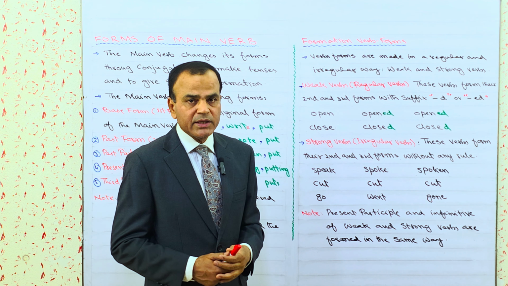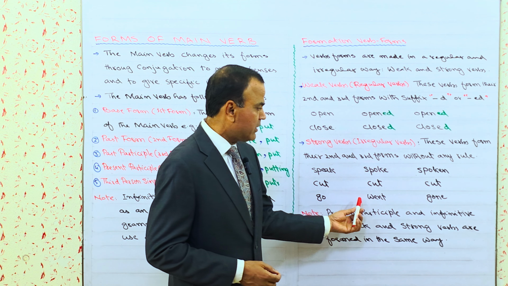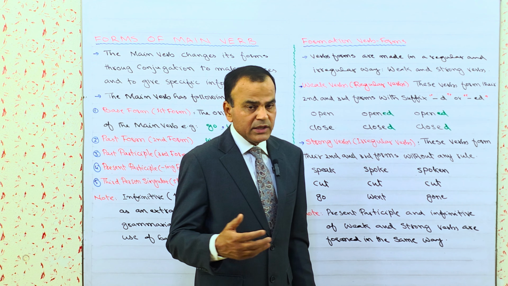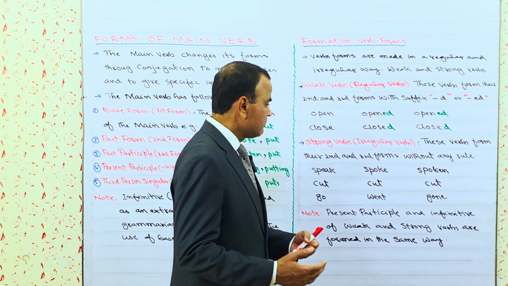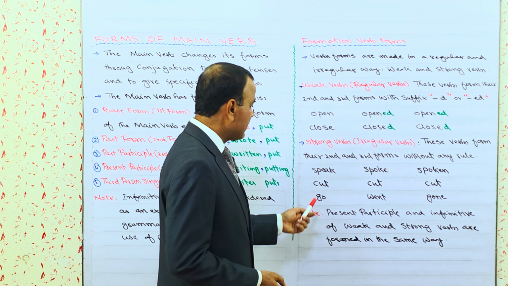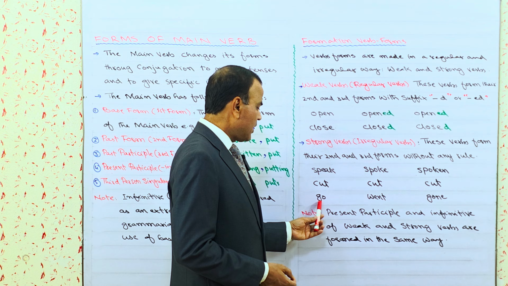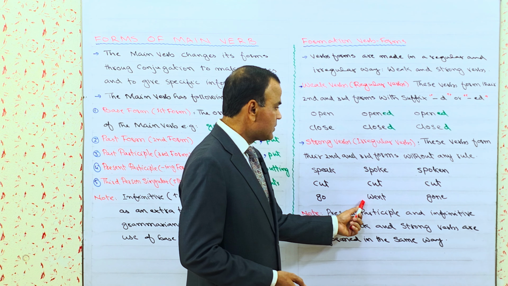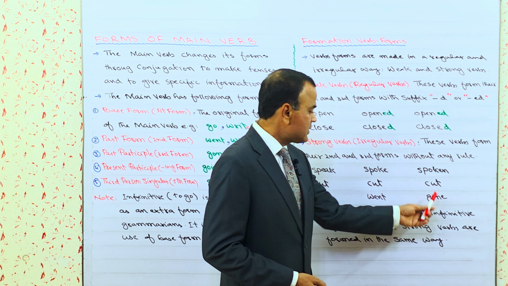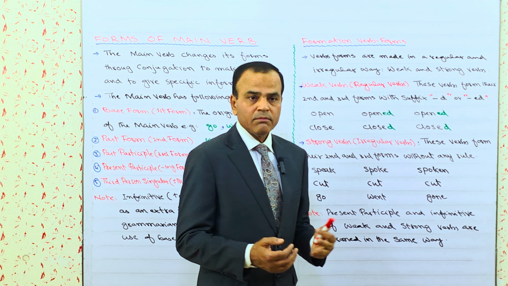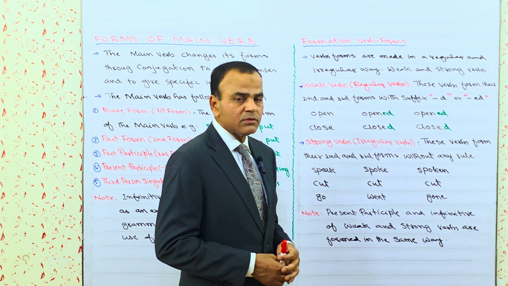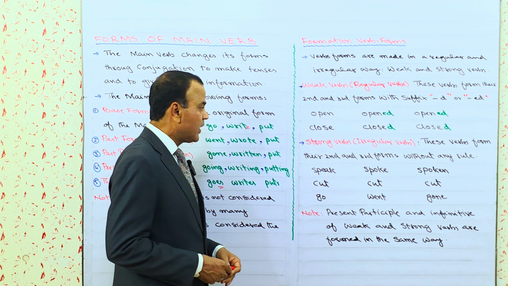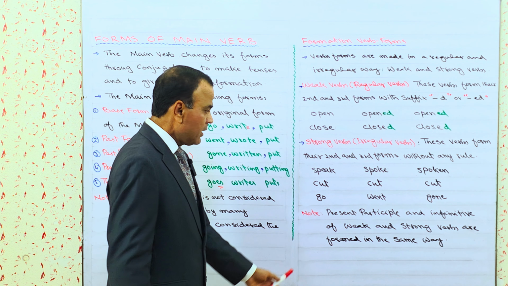It could be first form, second form, or third form. Unless you use it in a sentence, things cannot be clear. Then we have another verb, that is go. Its second form is went, and its third form is gone. And again I tell you, there is no rule to form the strong verbs.